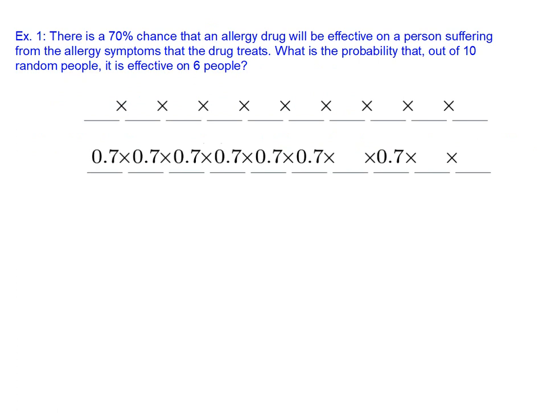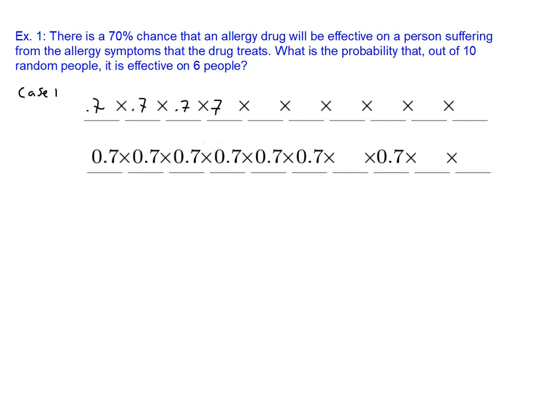So I'm going to start with case number 1. Case 1 is going to be the case where the first 6 people have success. For our first person, there's a 70% chance of success. Our second person has a 70% chance of success, and this continues on.